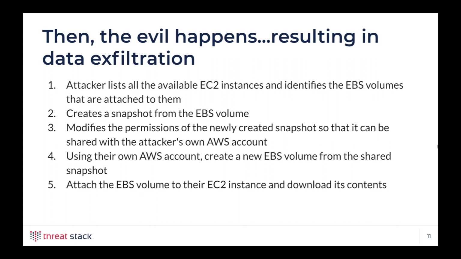So now that we're armed with this information from the metadata service, plus we have this access via the CLI, how does the attack proceed from here? If I were to do this, it's really simple. The reality is I can copy the volume and make a snapshot of it, and from there I can gain access to that snapshot by forcing my ownership from my own AWS account.